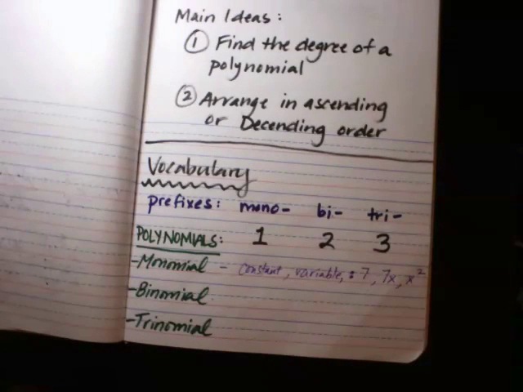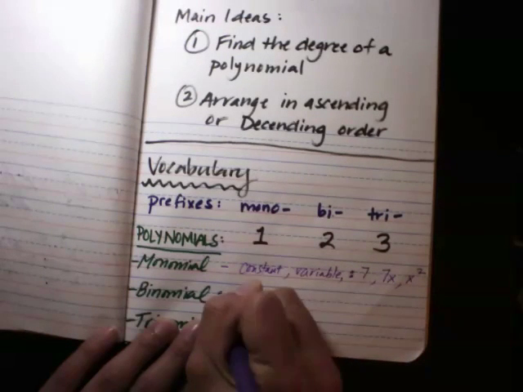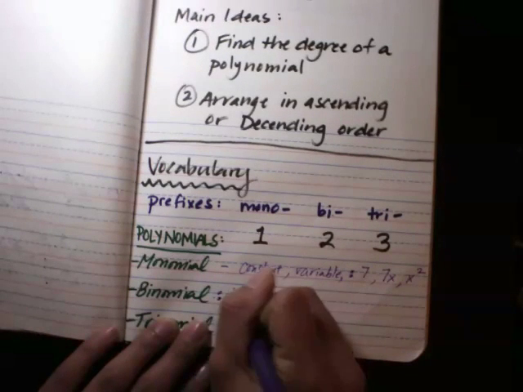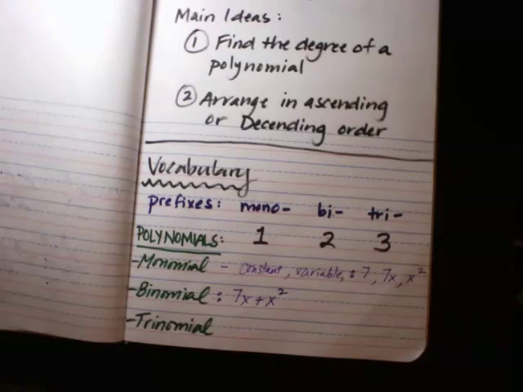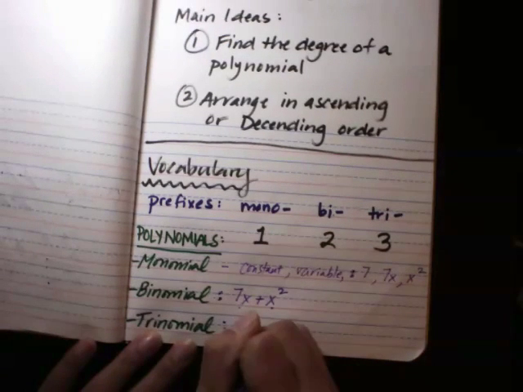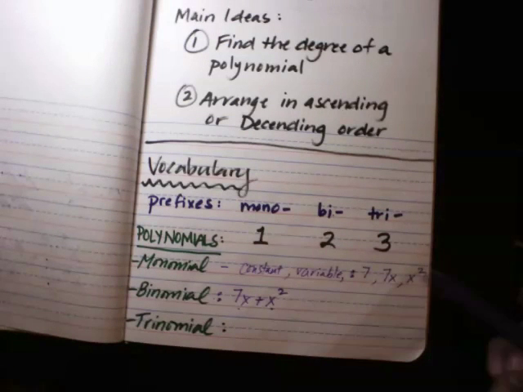Okay, binomials are just two monomials put together. So you're looking at maybe 7x plus x squared. This is a monomial, this is a monomial, and they're attached together through addition. A trinomial is 3 monomials.